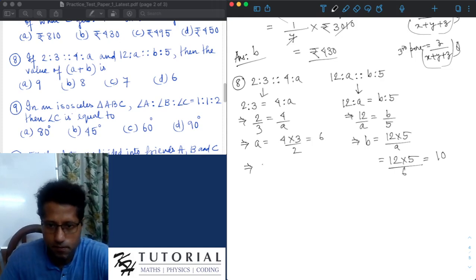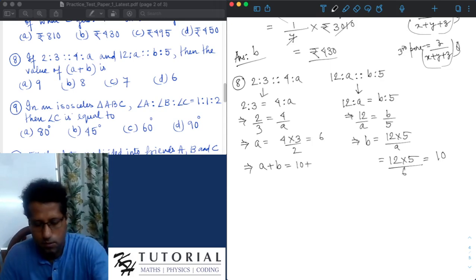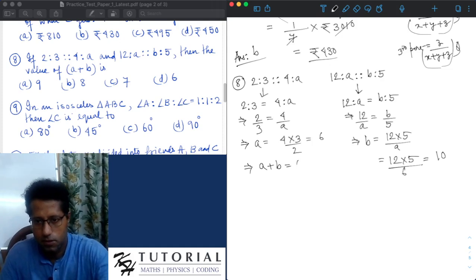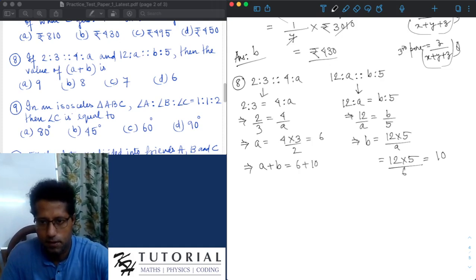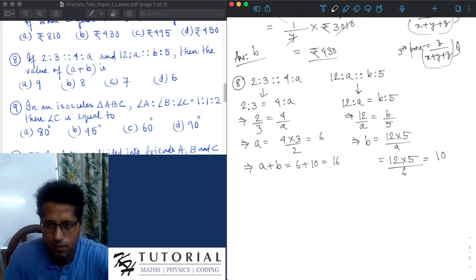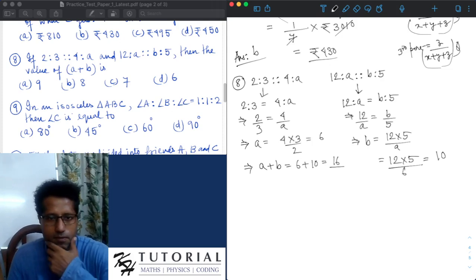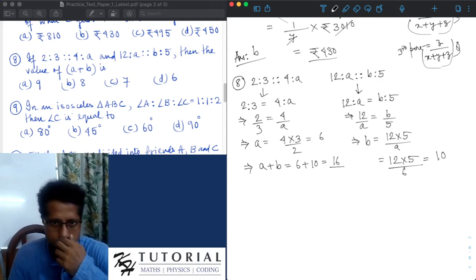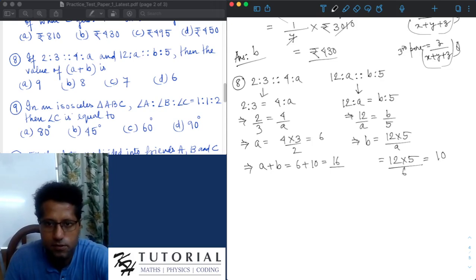So A plus B is coming to be 6 plus 10, which is 16, and it is not given in the choice. So I don't know, maybe I did some mistake in writing the choices. So the answer is 16.